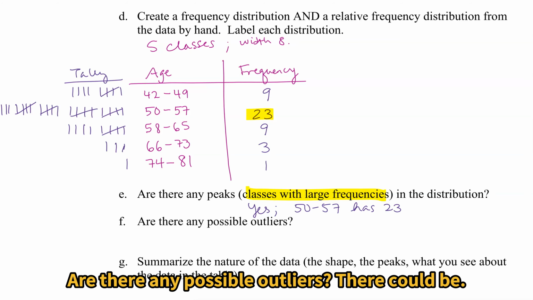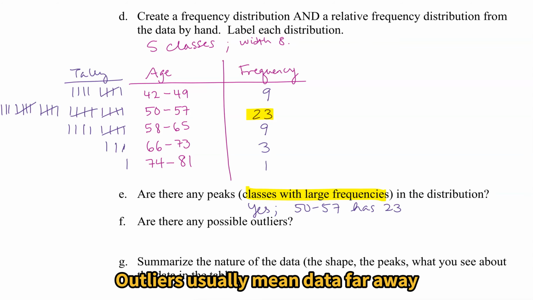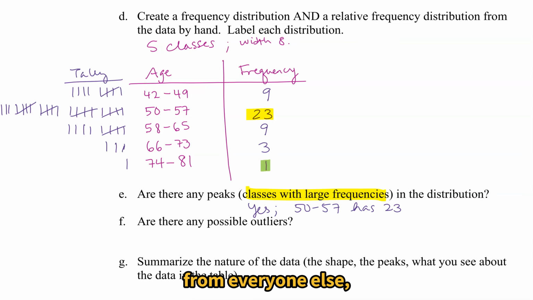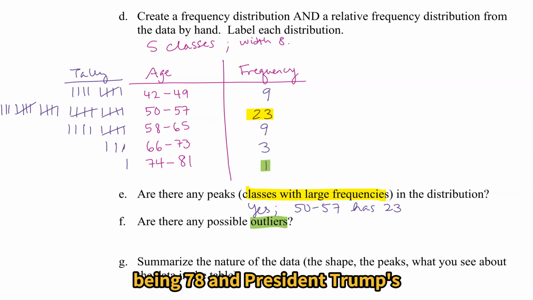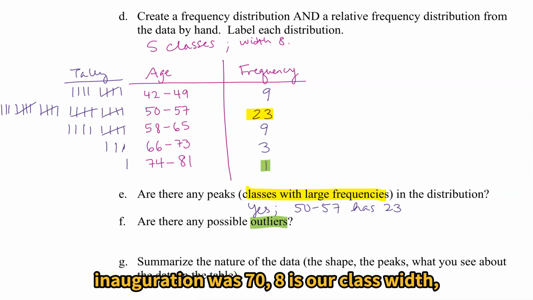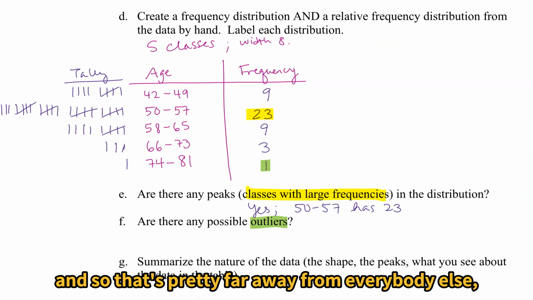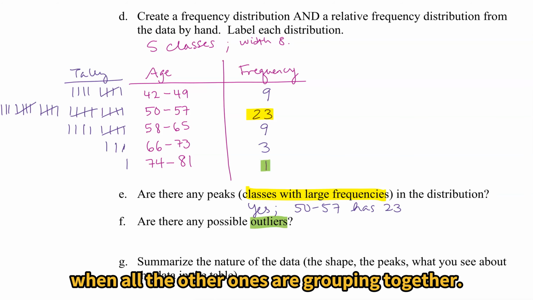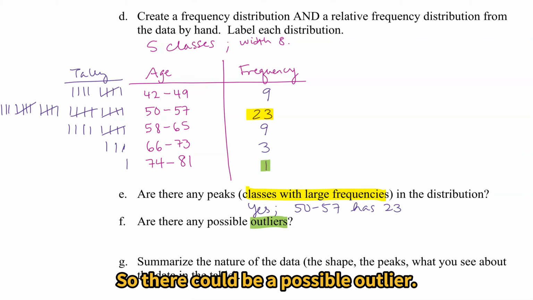There could be. Outliers usually mean data far away from everyone else. And with President Biden being 78 and President Trump's inauguration at 70, and 8 being our class width, that's pretty far away from everybody else when all the other ones are grouping together. So there could be a possible outlier.